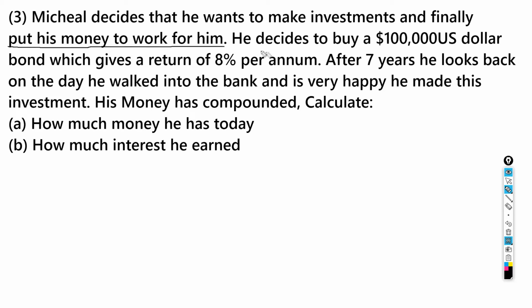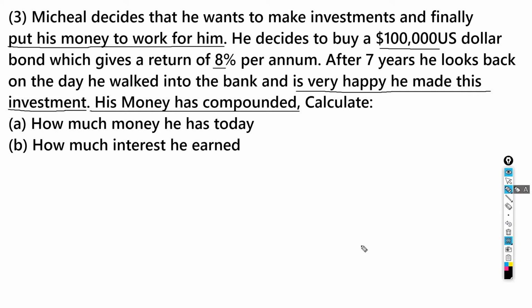He decides to buy a $100,000 US bond, which gives a return of 8% per annum. After 7 years, he looks back on the day he walked into the bank and is very happy he made the investment. His money has compounded. Calculate how much money he has today, and calculate how much interest he earned.